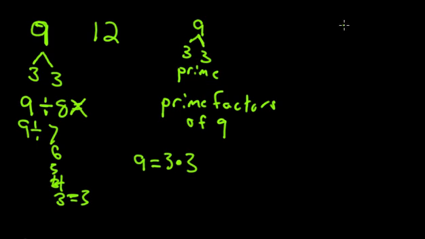If we do the same thing with 12, again I'm plugging 12 into my calculator. 12 divided by 11 gives me a decimal. 12 divided by 10 gives me a decimal. I will get 12 divided by 6 and 2.